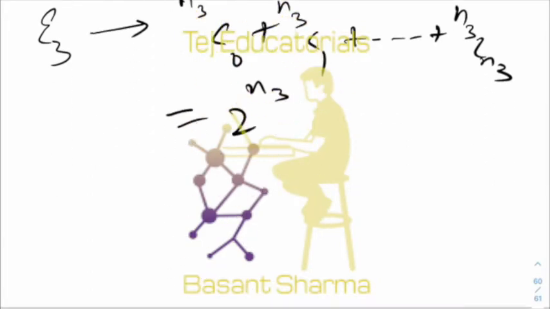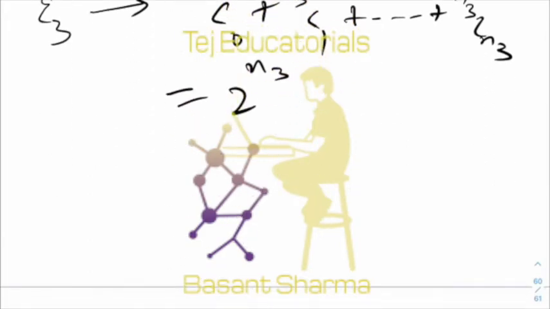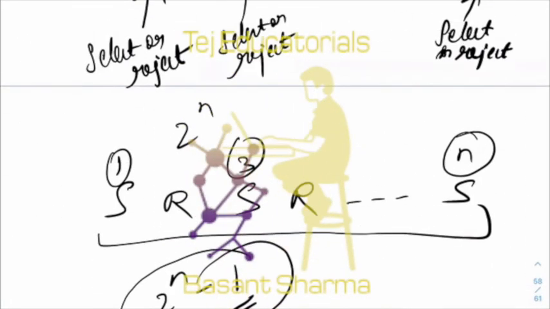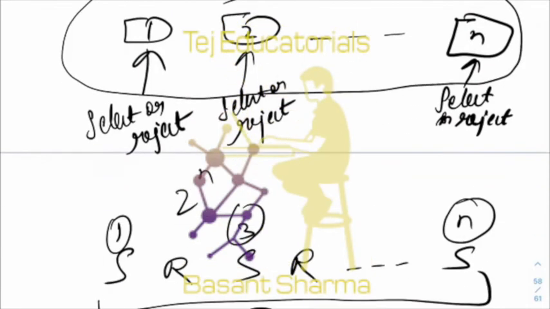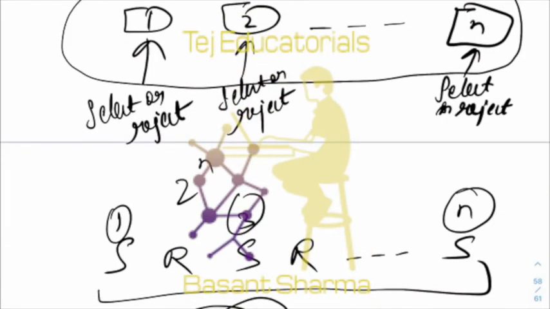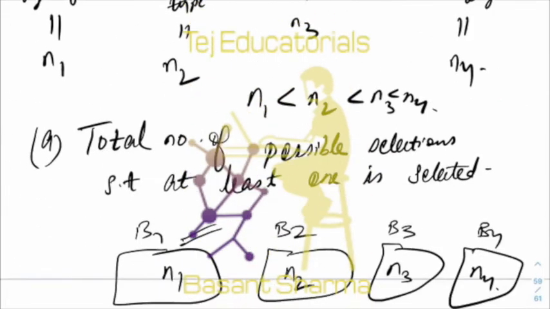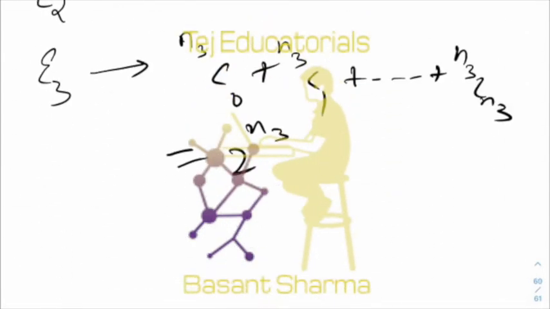Just like we argued previously, don't subtract 1 here because we are including the case when nothing is selected. So the total number of ways would be 2 to the power n3.